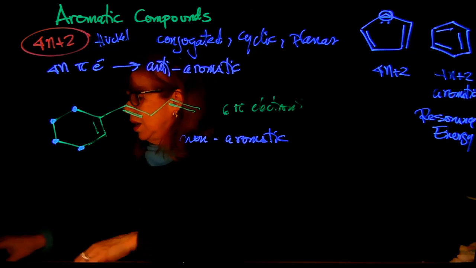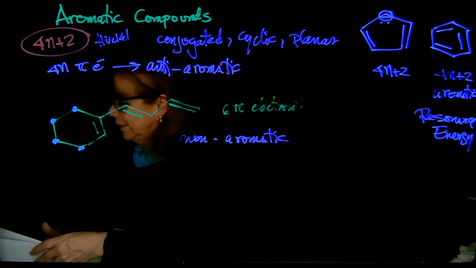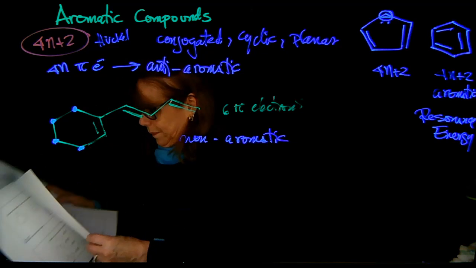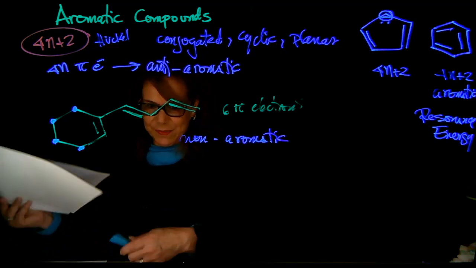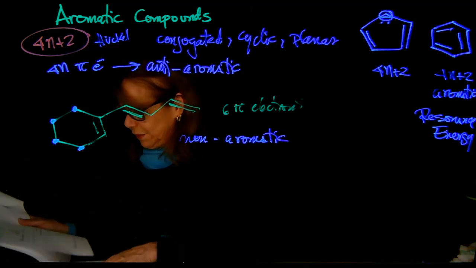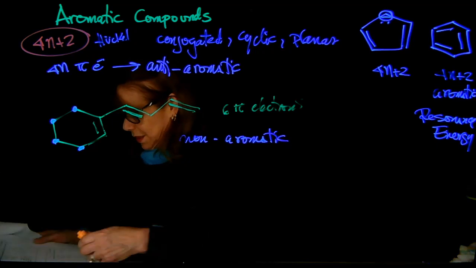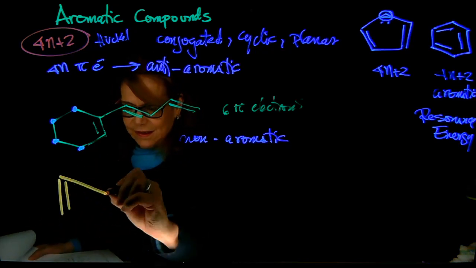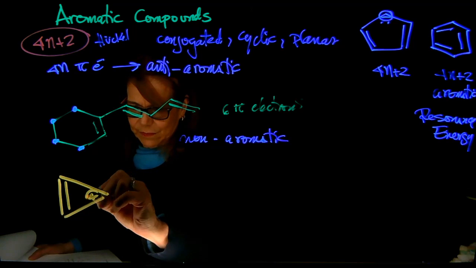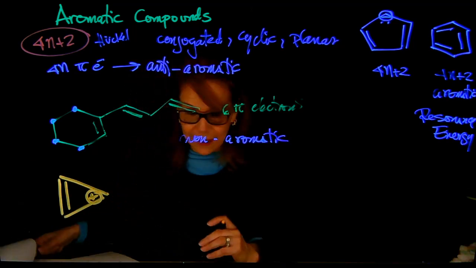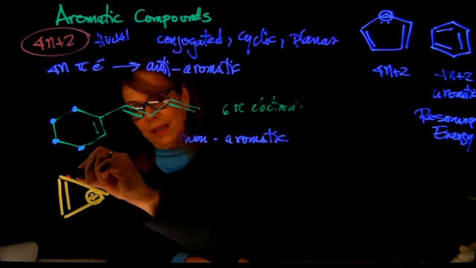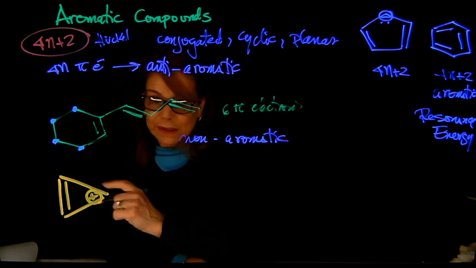Okay, so let's do another example. Let's say I'm using my examples here in this page. Will this cation be aromatic? If you analyze the structure, that is a cation at an allylic position with respect to the double bond.